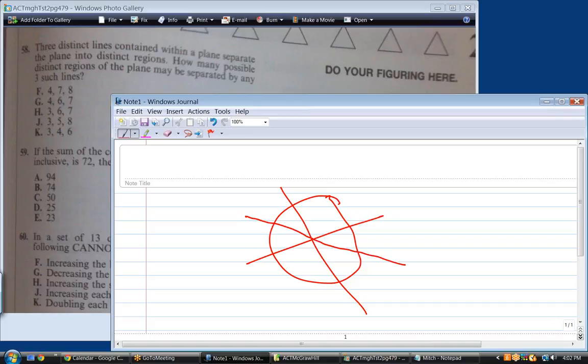That's six. So if I draw it like that, I can get 6. And notice that if I move that line just a hair, I believe that has to be 8. 1, 2, 3, 4, 5, 6.